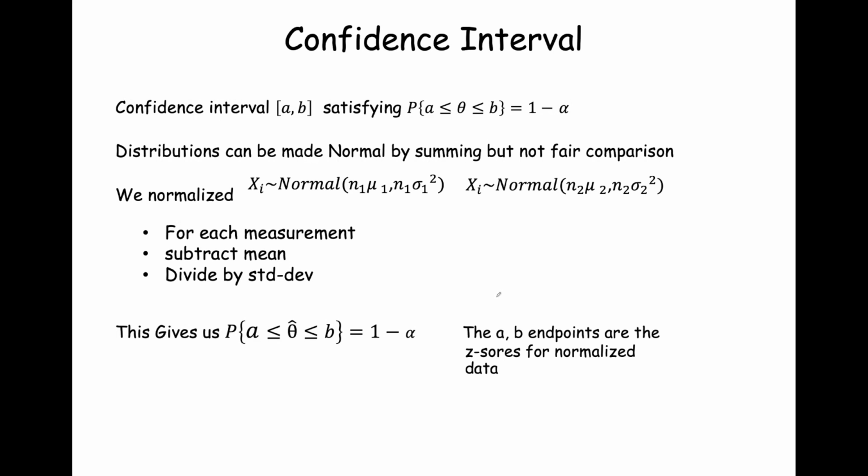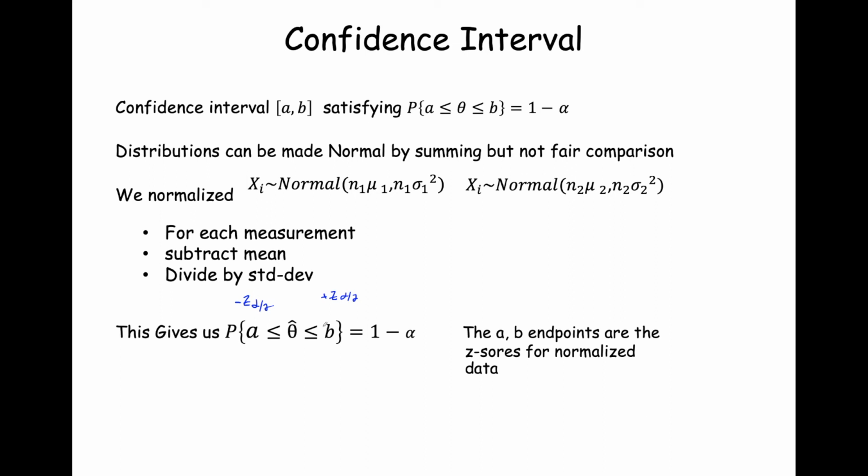All right, so the A and B endpoints, if we normalize the distribution for this estimator theta hat, are going to be the z-scores. This is going to be your minus z alpha over 2, and this is going to be your positive z alpha over 2, all right?